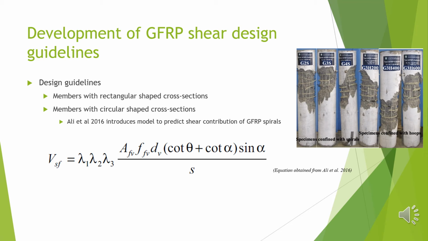Therefore, it was concluded that the design methods for regular sections could be used for GFRP reinforced circular sections with modifications. For this reason, these equations were developed, a mix between the ACI and the traditional concrete approach, for GFRP reinforced circular sections.